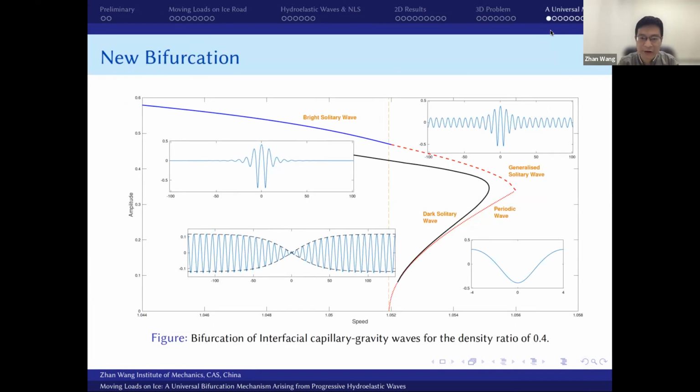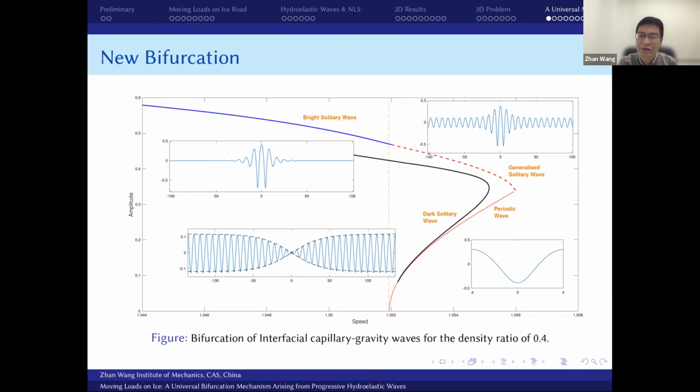So this bifurcation is very interesting because I've never seen it before. Once I found one example, I found a lot of examples: this bifurcation appears in other fluid dynamical systems. For example, capillary gravity waves between two semi-infinite fluids.